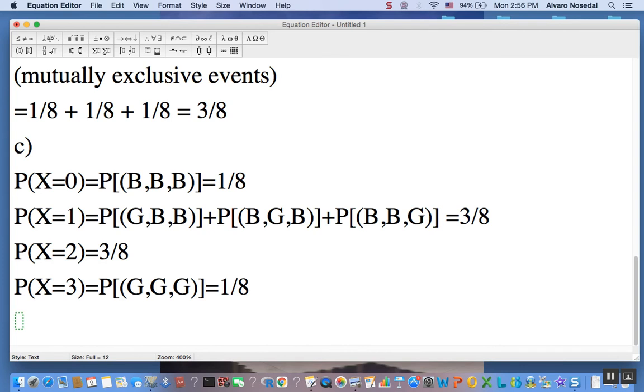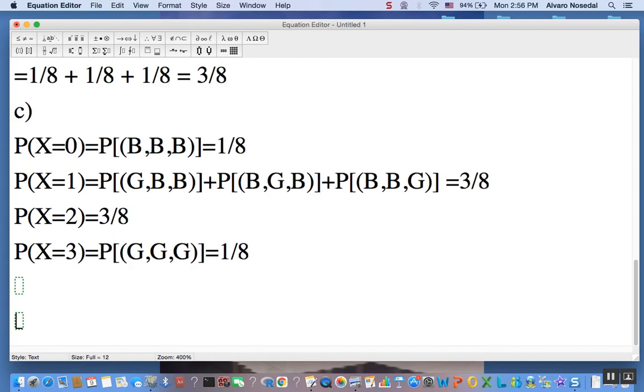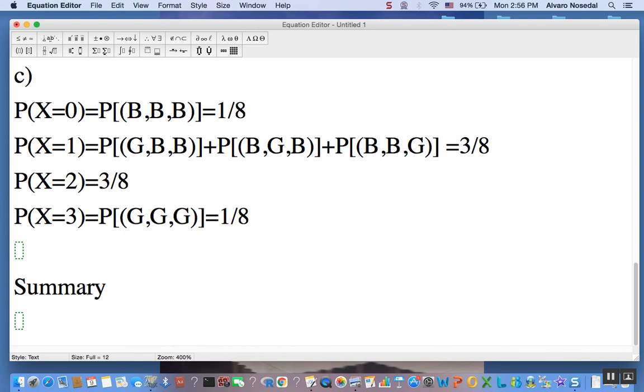So, let's summarize what we did. One, we talked about the concept of a random variable. And what we said is a random variable assigns a real number to each outcome in the sample space. Let's write that down.